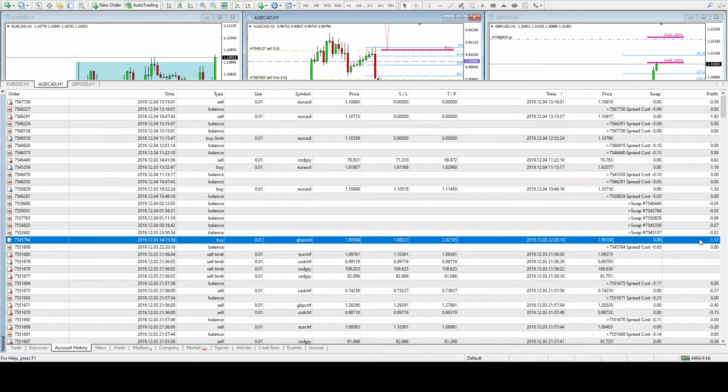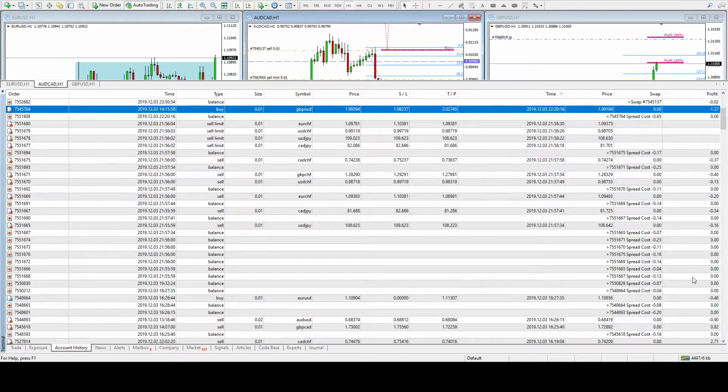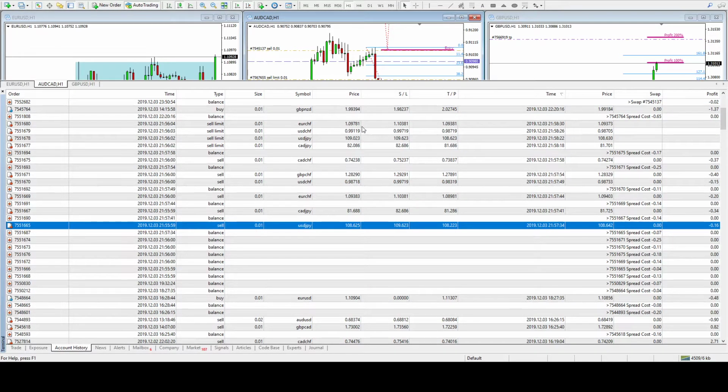Right here. Let's see. Here they are. It was all these small trades that you see right here.